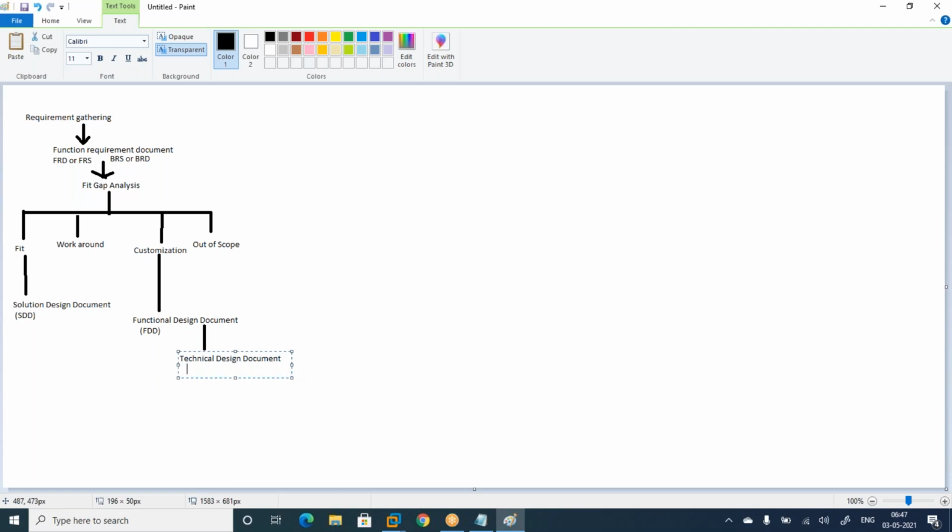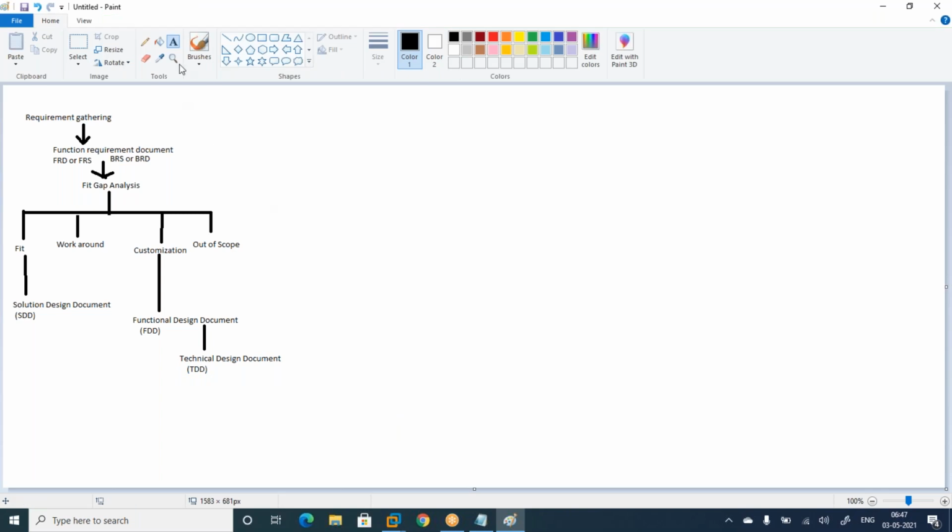This is the TDD, from the developer team. Okay, and then once it is done, development will be started. Development will be in progress.